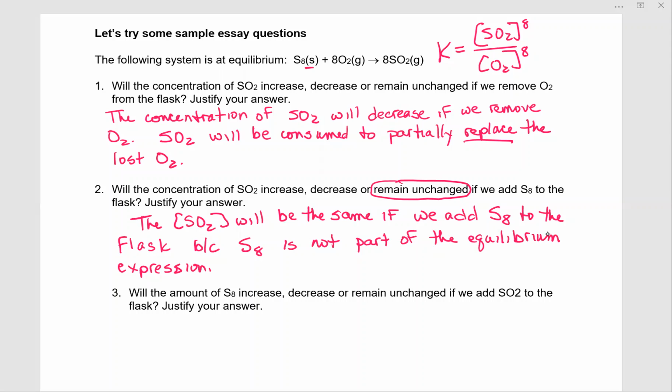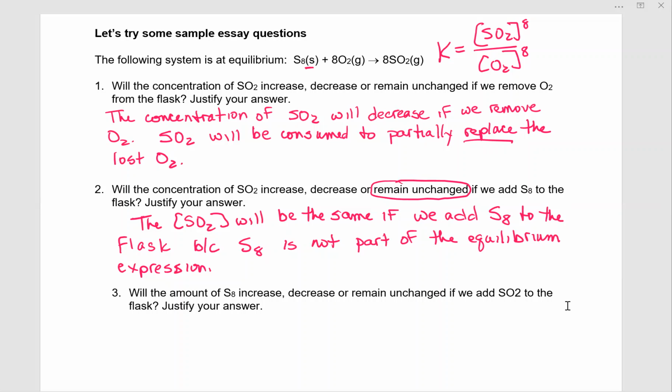Okay, so let's try another one kind of along the same vein, but just a tad bit different. Will the amount of S8 increase, decrease, or remain unchanged if we add SO2 to the flask?